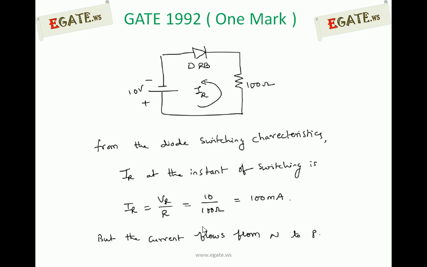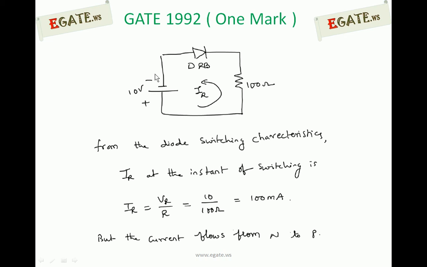During storage time, even though the diode is going into the reverse direction, a large current flows because the diode still acts as a short circuit. So the current is calculated from the voltage present at that instant and the resistance of that circuit. Now the diode is acting as a short circuit, the total resistance is only 100 ohms and the applied voltage is minus 10 volts.